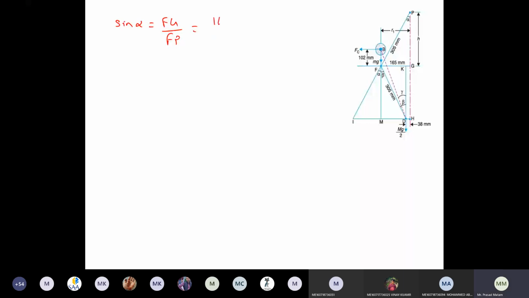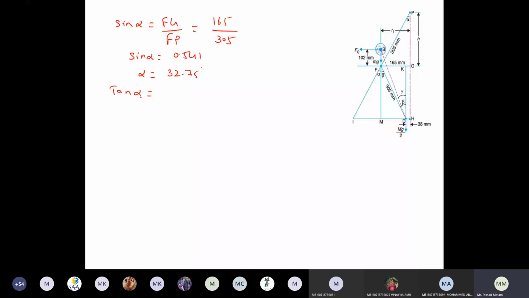You know the FG value, which is equal to 165 mm, and FP is 305 mm. Find sine alpha. 0.541 we are getting. So alpha is equal to, what is the answer we are getting? 32.75 degrees. Right, someone is replying. Thank you.